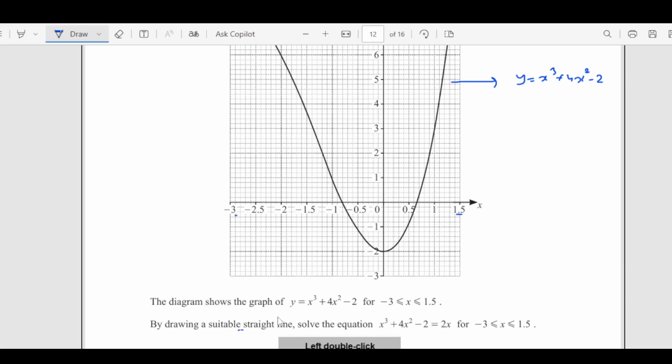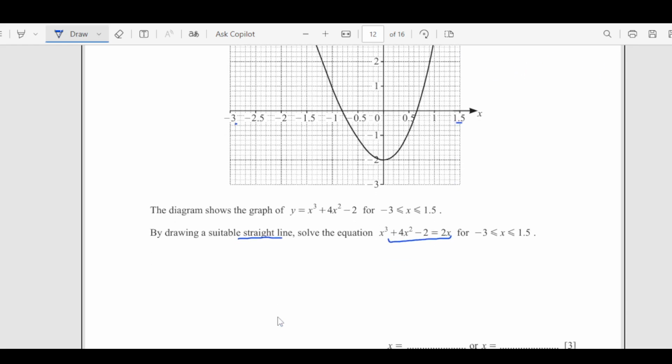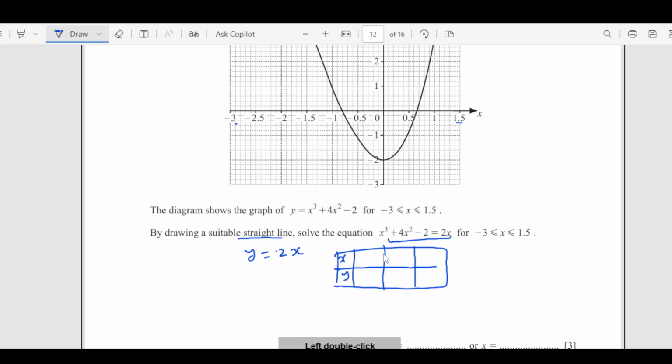By drawing a suitable straight line, solve this. Now to solve this, what is this? This is our y, right? So that means this is y equals 2x, right? So now the table of values for this one, this is x and this is y. So if I take x as 0, y is going to be 0, right?